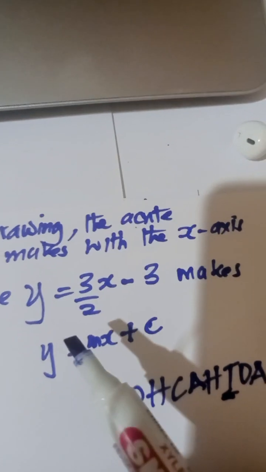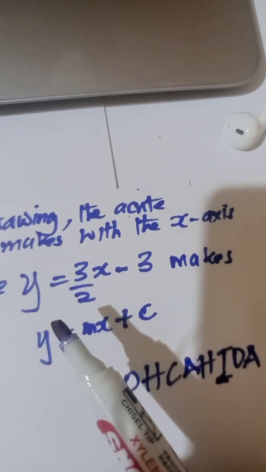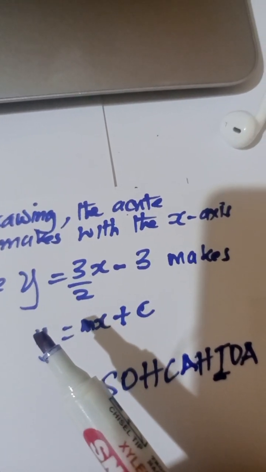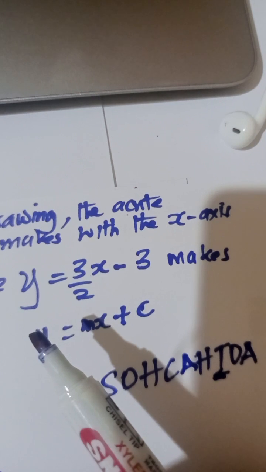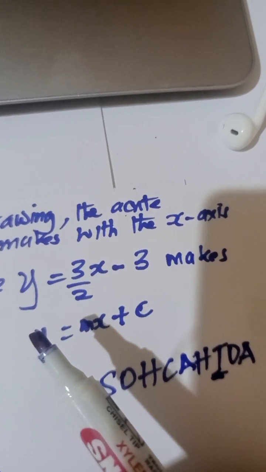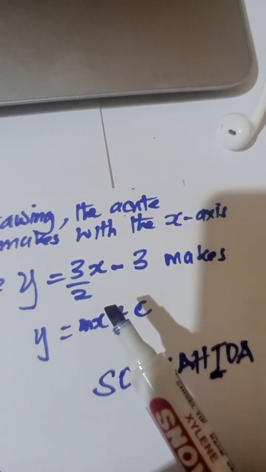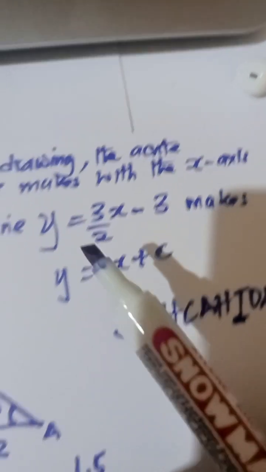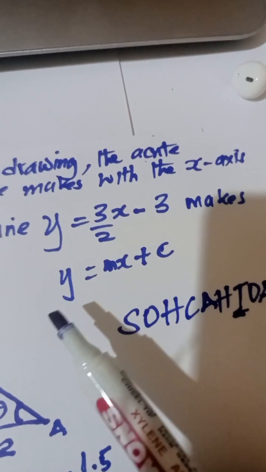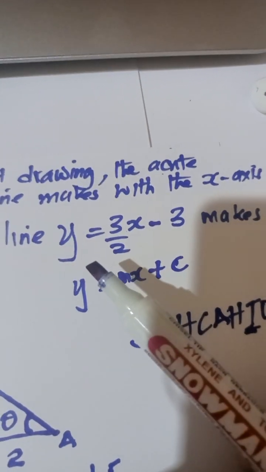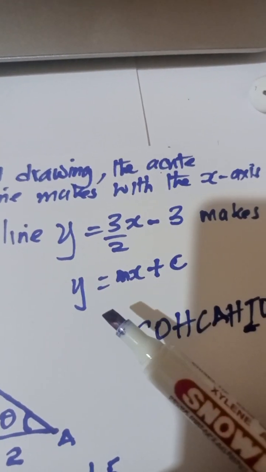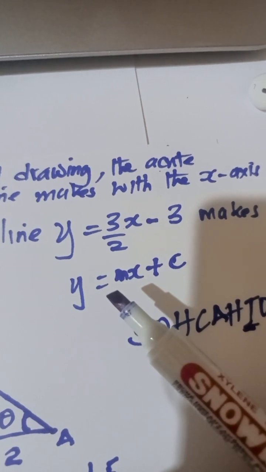Yes, it should. From our equation, we are given y is equal to 3/2 x, or 3x/2 minus 3. Now, written in the form y is equal to mx plus c, we said that m is the gradient of a line. So what does that mean?